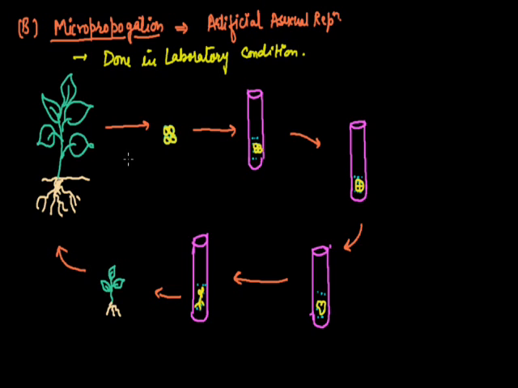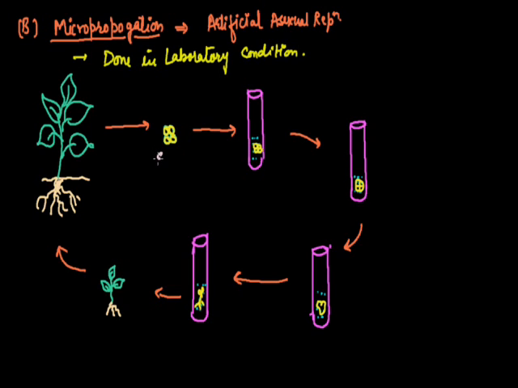Micropropagation is done in laboratory conditions where tissue culture is used to form different kinds of plants with the help of specific cells called stem cells, because these have the ability to develop a whole plant. So we have to take totipotent cells. Totipotency means complete potential to develop a plant or any organism.